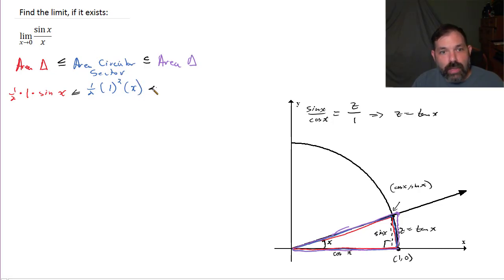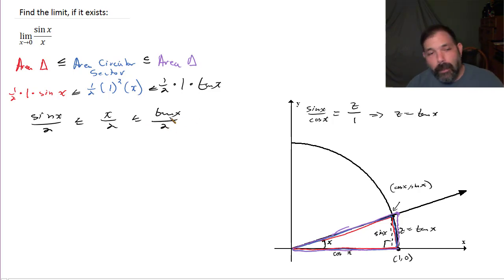And then the area of the outer purple triangle is again 1/2 base times height. The base is again 1, but now the height is tangent x. So if we clean this up, we have sine x over 2 is less than or equal to x over 2, which is less than or equal to tangent x over 2.